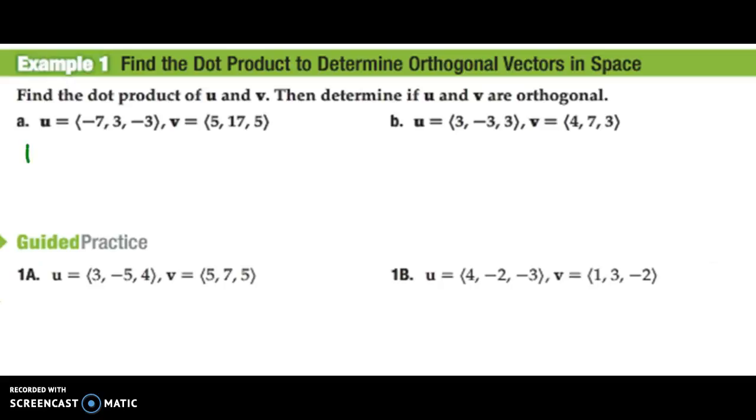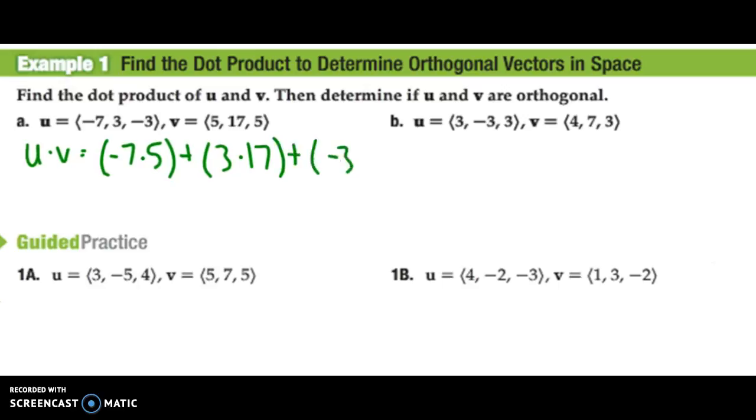So u times v is going to be negative 7 times 5 plus 3 times 17 plus negative 3 times 5. So we multiply them together.